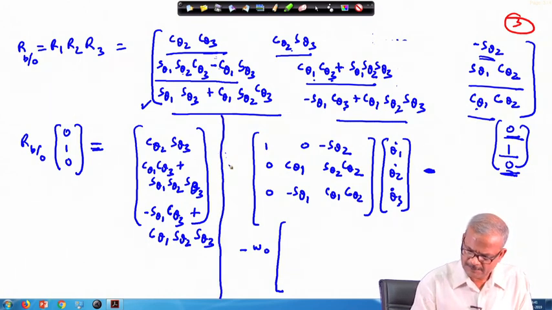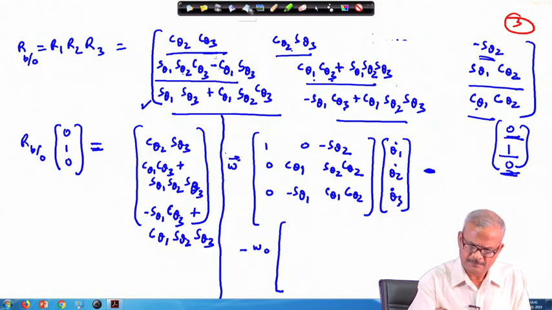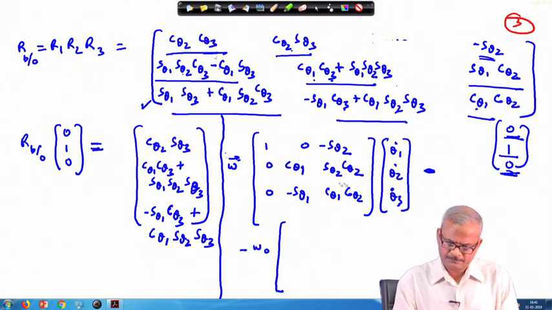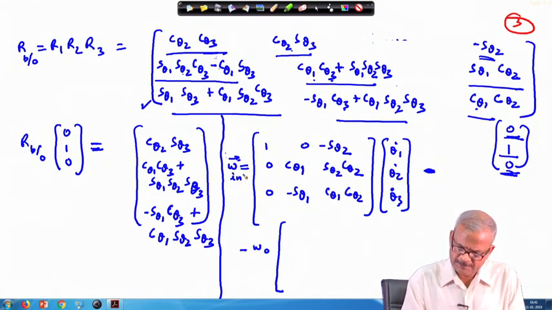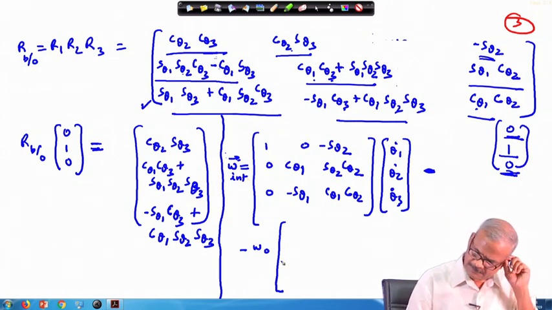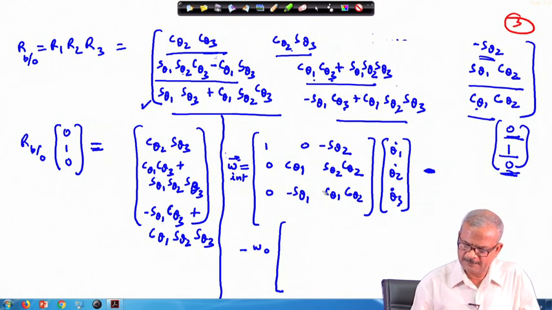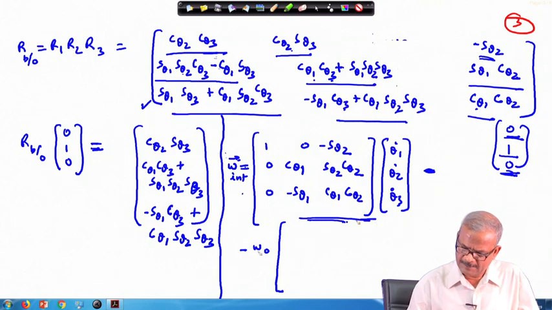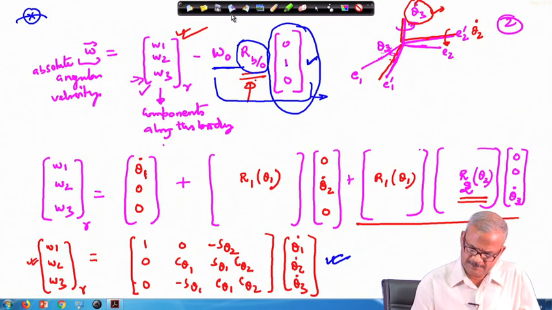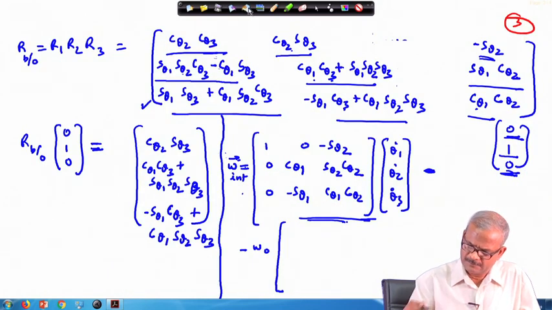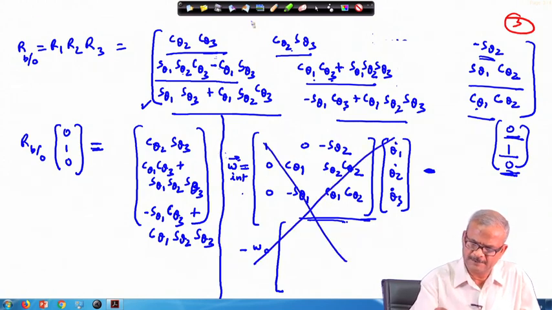So, we are now writing here omega inertial. What was required is that we pick up this part, omega inertial, and minus omega 0, which is this part, and write them together. So, maybe we will write on the next page; I will cancel this here and write it on the next page.